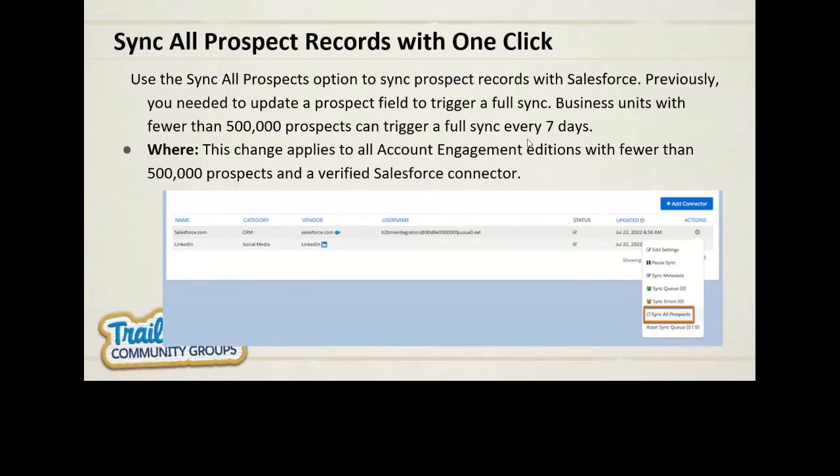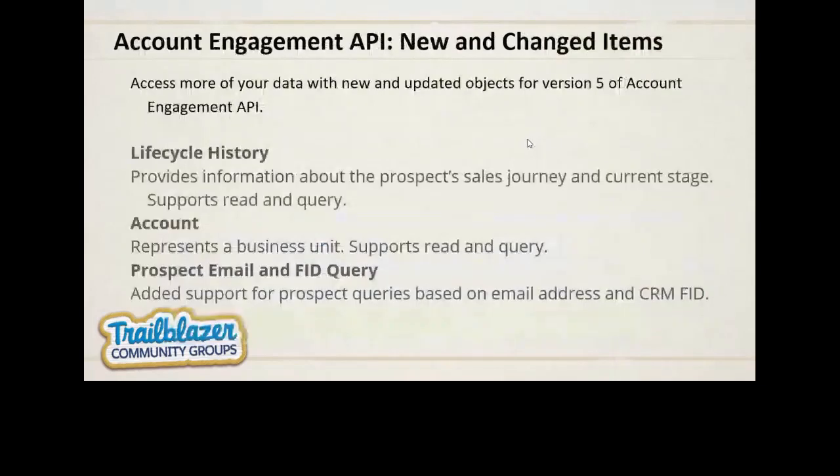If your business unit has less than or equal to 500,000 prospects, or 5 lakh in Indian terms, you can trigger a full sync every 7 days. For customers having more than 500,000 mailable prospects, you have to create a ticket with Pardot support.